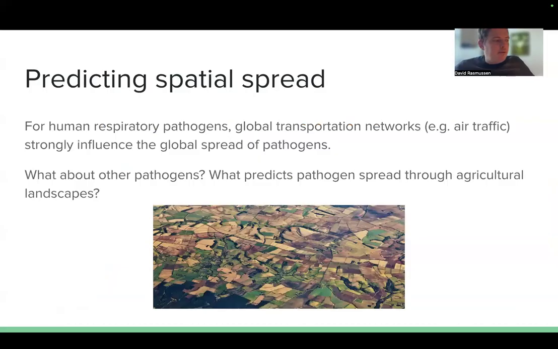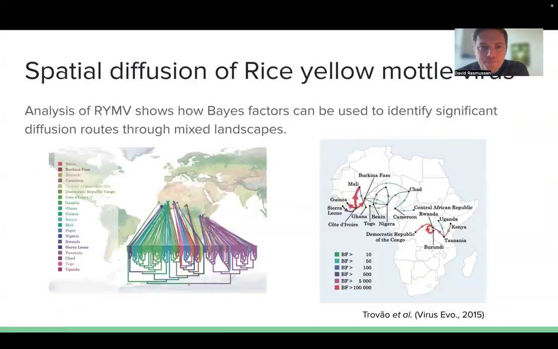Especially when we start thinking about plant and other agricultural pathogens, where it's not so clear what actually predicts the spatial movement of these pathogens across complex, divided landscapes. So how do we learn what's driving the spread of these agricultural pathogens? What can we use to predict their spread?